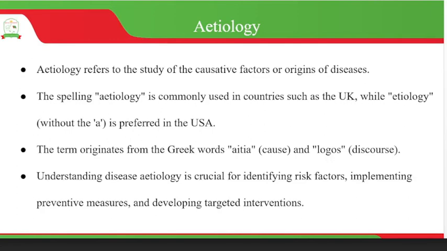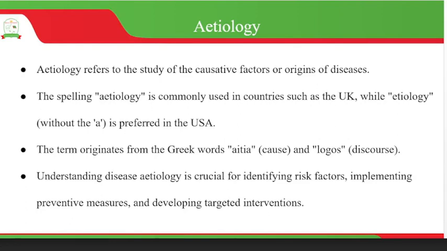So as earlier said, etiology refers to the study of the causative factors or origin of disease. The spelling may differ depending on which country you prefer to use. For example, countries such as the UK use aetiology, which starts with AETIO, and that is without the A in the American spelling, and this does not change the meaning.